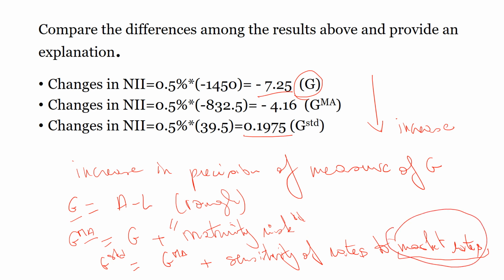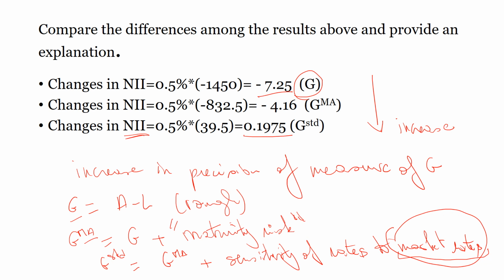Now, if you have a loan or an asset or liability that is in euro, well, the relevant market rate for you may not be the LIBOR, it will be the Euribor. It won't be the Japanese interbank rate. So if the Japanese interbank rate changes, how is it going to affect your net interest income? Very little, unless for some particular reason the interest rate you're charging for this particular loan is very sensitive to the Japanese interbank market.